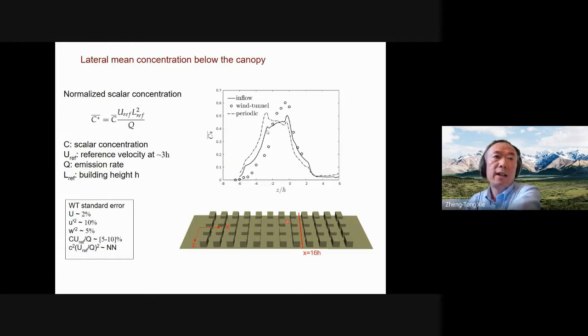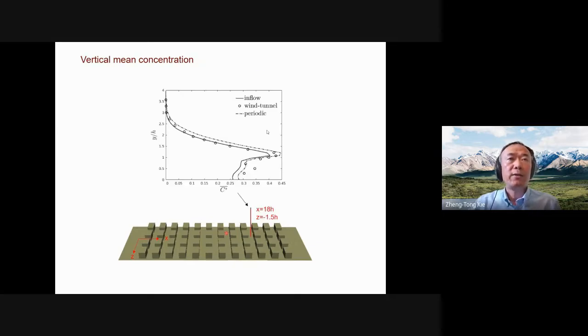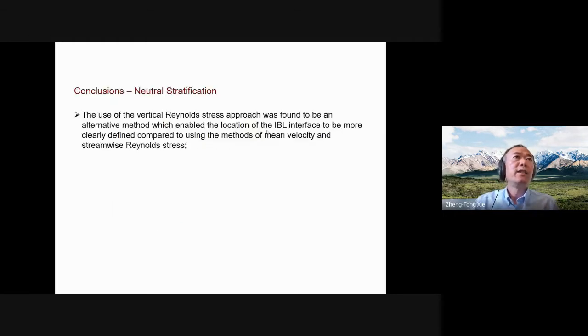Okay, so I skip this. Given time, I want to discuss a bit more on the stratification case. The point I would like to make for the neutral stratification is that we have a good agreement with the measurements, particularly compared to the periodic boundary condition.